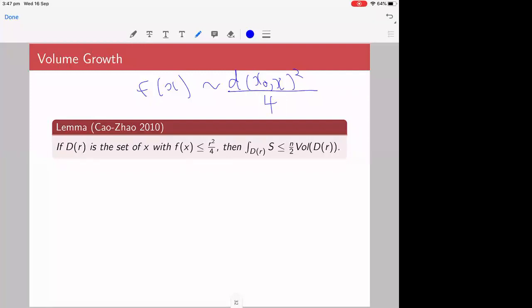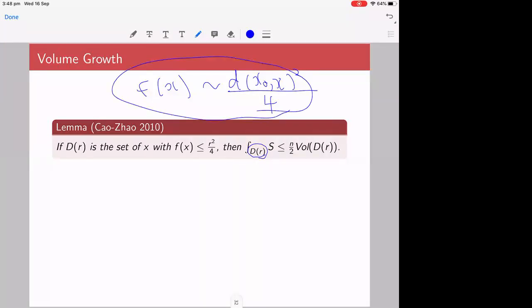This lemma tells us that if we integrate the scalar curvature on D_r, where D_r is the set of x with f of x less than or equal to r squared on 4, then this integral is bounded by n on 2 times the volume of that same set. Now, it might look a bit artificial to use such a set, but the reason this is important is because of this bound.